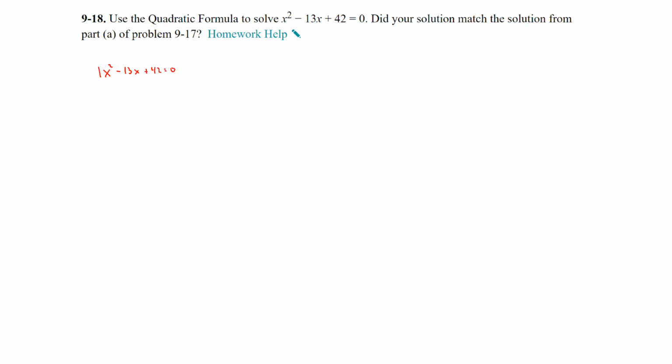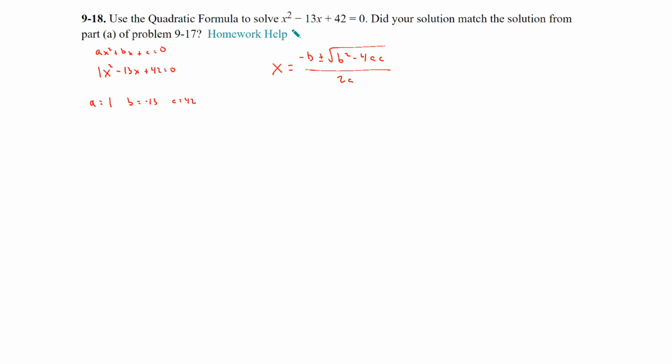Remember, when we're using the quadratic formula, we need our equation in standard form. So in this case, it is in standard form. The a is 1, the b is negative 13, and the c is 42. So let's also recall the quadratic formula is x equals negative b plus or minus the square root of b squared minus 4 times a times c all over 2a.